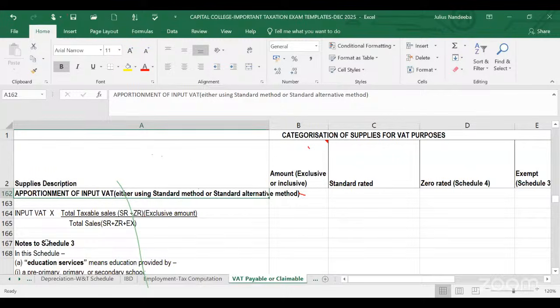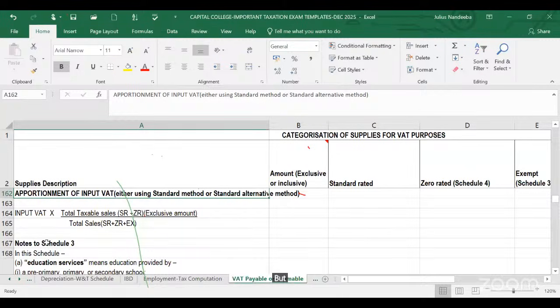So students who are asking me, when should we apportion input VAT? You apportion only and only if some of your sales are exempt. Why? Because the law says that if you're dealing in purely exempt sales, you cannot claim any input tax.